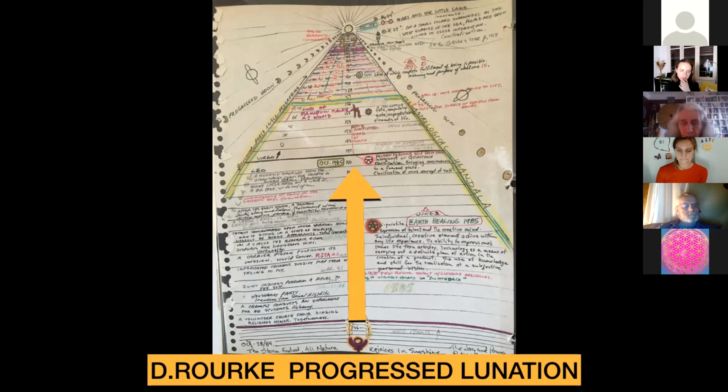You can map your birth chart onto that grid. And my Pluto aligns with phase 136. So you see just above the word progressed, there's a little symbol for Pluto. So I'm thinking that was me.